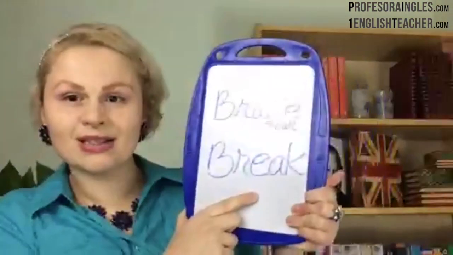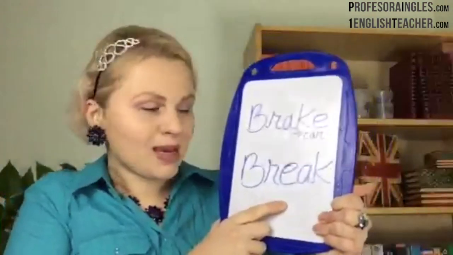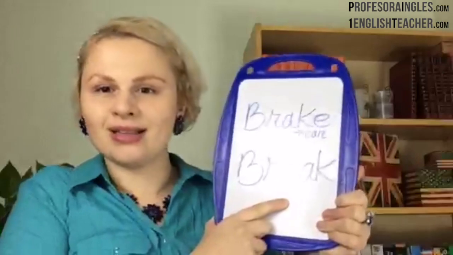So, this is the brake, it's a noun, and we find it in a car, bike, etc. And we use it when we want to stop the car, etc. And break, this is a verb, and it means to break into pieces. For example, if I break this, it means that, well, actually, if I had something to break, it would be better.